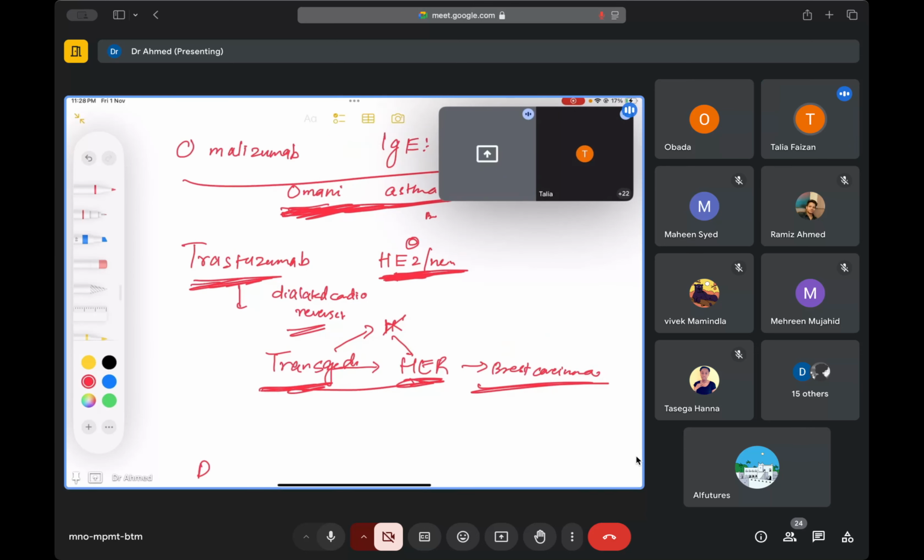This drug is going to bind to HER2/neu, and basically it can be used in breast carcinoma, because in breast carcinoma you will see increased expression of HER2/neu, which is going to increase cellular growth, causing breast cancer. So the target is HER2/neu, and this drug decreases the downstream effect of the HER2/neu receptor. So this was a mnemonic, transgender for her.